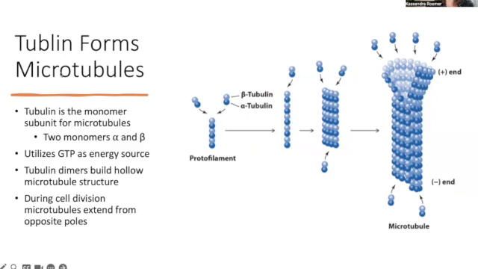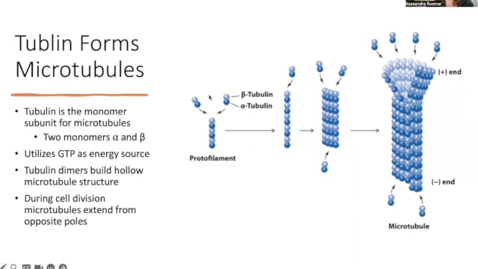There are 2 different monomers, alpha and beta, so it's also a heterodimer. So 2 tubulin monomers, alpha, beta, form this dimeric structure, and then multiple of those dimers come together to form a protofilament, and then multiple protofilaments eventually form this hollow tube, which is called a microtubule.